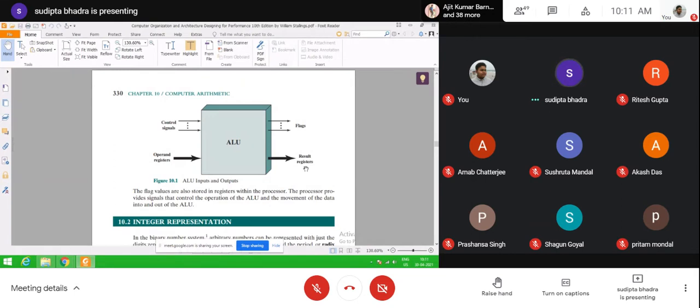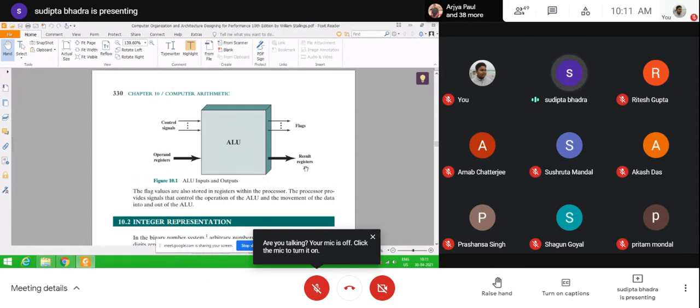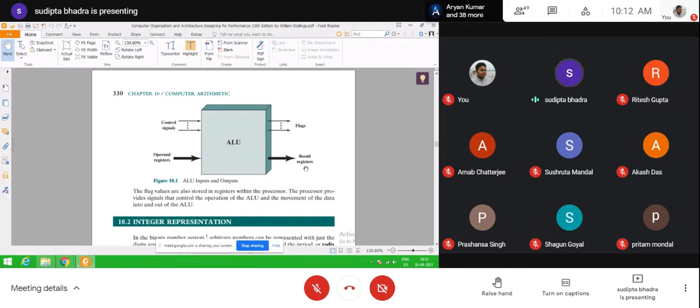So there is a sequence of operations, and that sequence should not be violated. The ALU should perform the R1 plus R2 operation first, and only then is the result stored in register R1, or in another register R3, whatever.